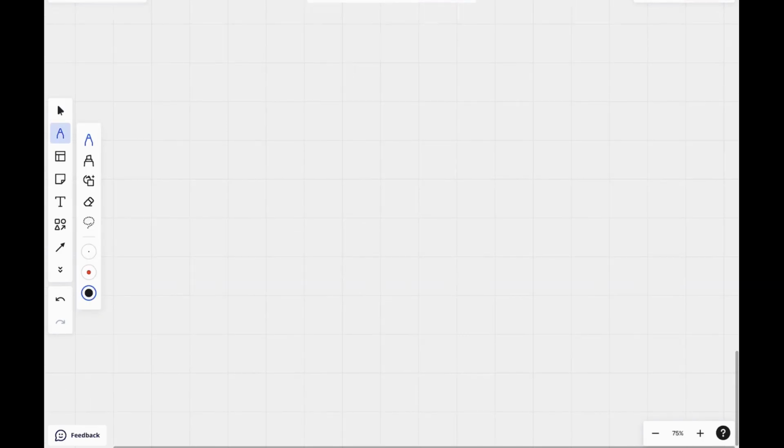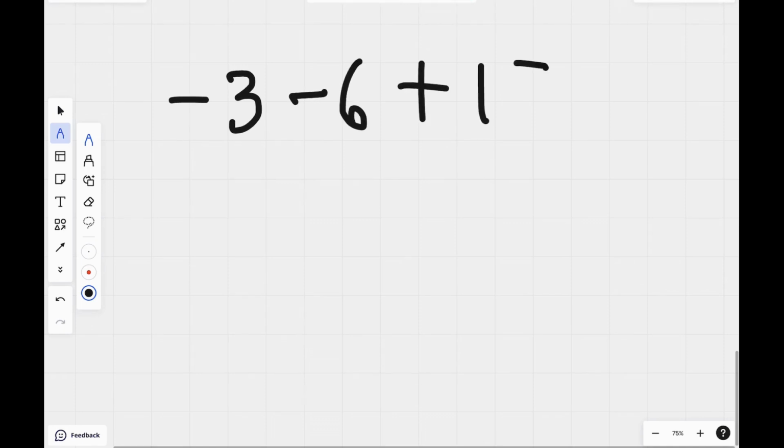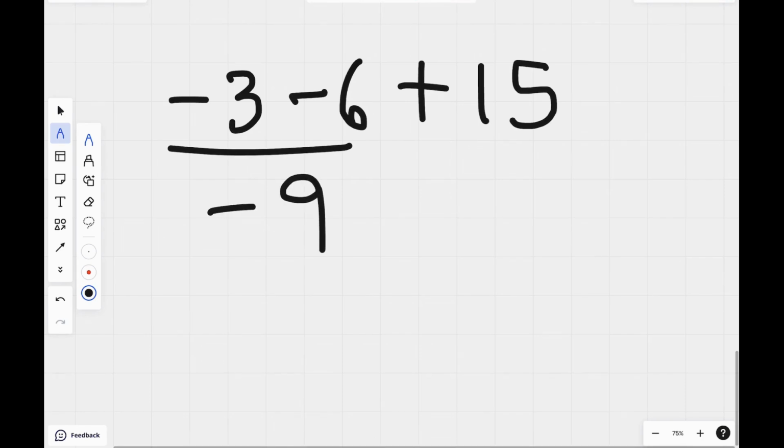How about minus 3 minus 6 plus 15? Same steps: combine like terms, simplify the like terms, and then eventually you'll get your final answer. What are the like terms here? We have minus 3 and minus 6. First we simplify that: minus 3 and minus 6 become minus 9, and then I get plus 15.